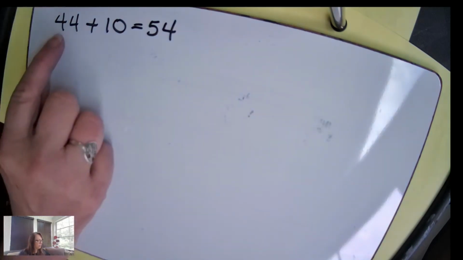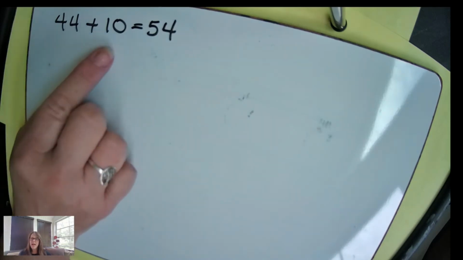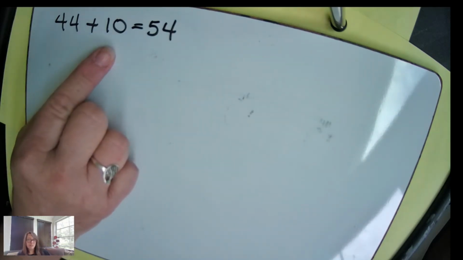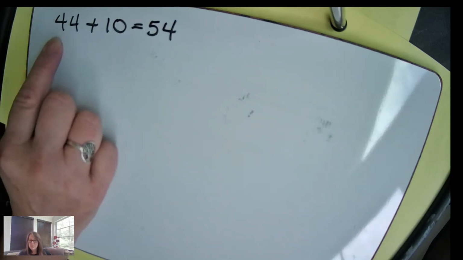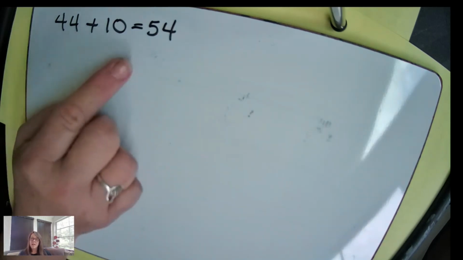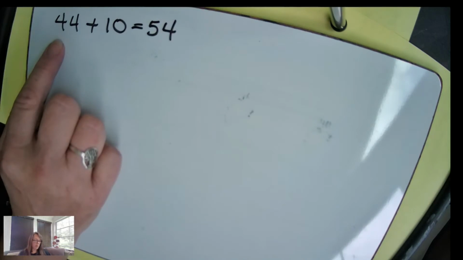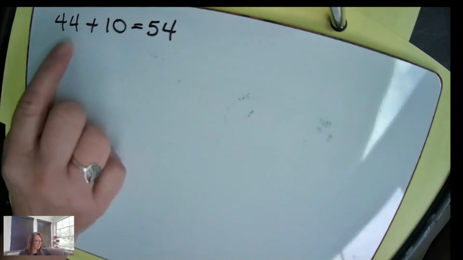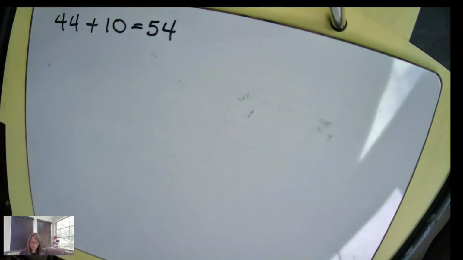She just knows that in the number 44, whenever you're adding a multiple of 10, the number in the tens place is going to be the one whose number changes. And then the number in the ones place is most likely going to stay the same when you're adding a multiple of 10. So 44 plus 10 more is 54. Very good.